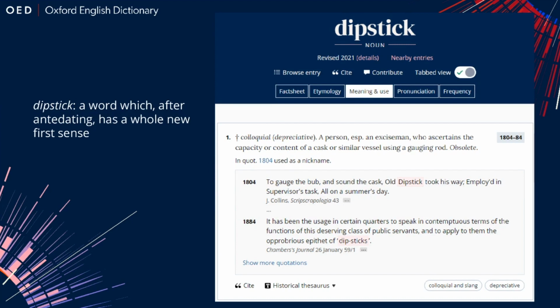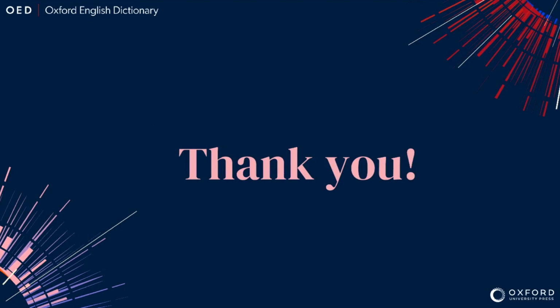But when we came to revise the entry and searched through the usual databases for antedatings, we discovered a whole collection of evidence showing that it was originally used as a rather dismissive word to refer to a person whose job it was to dip a stick into things. So a government official who did that to check on the level of liquid in a cask of brandy or whatever. So the history of a word can really be enriched by antedatings.